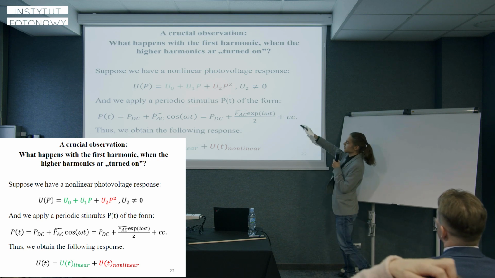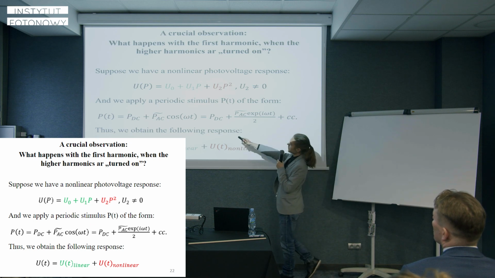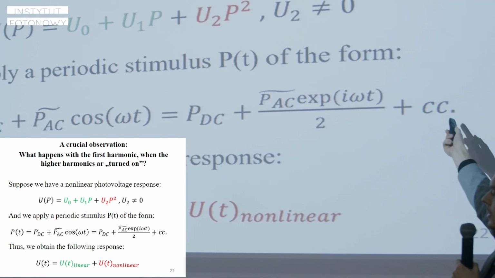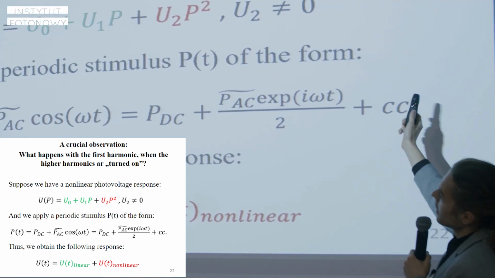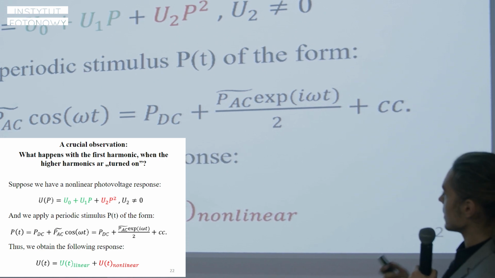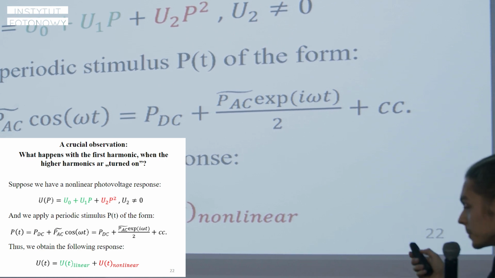All the other terms can be there, but I now apply a cosine wave, so I have a positive exponential and its complex conjugate, a negative exponential, and I plug it into the Taylor series, and I get linear and nonlinear response, and what those responses are.